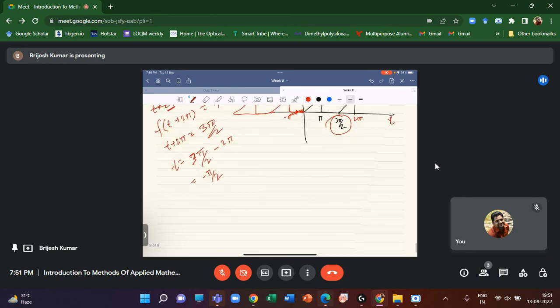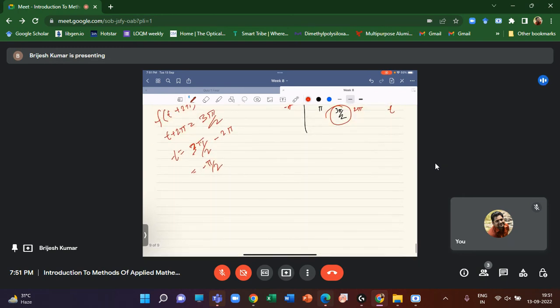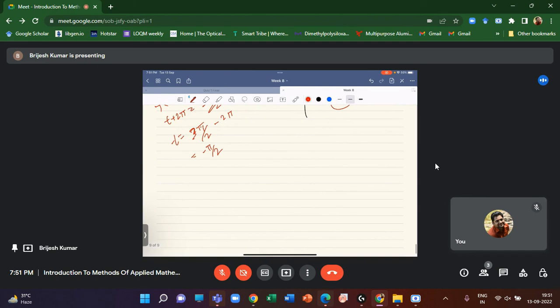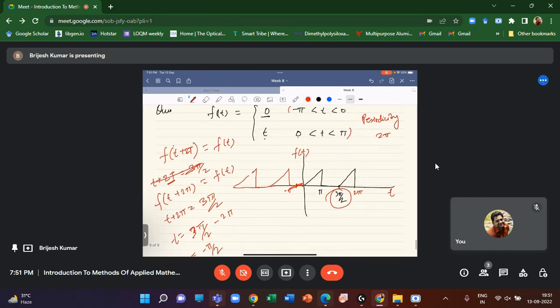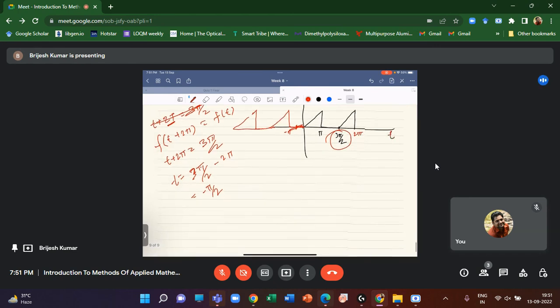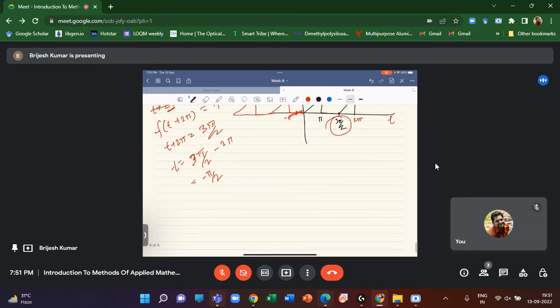So this is a problem from periodic functions, right? Now if we consider this one, the period is again 2 pi.